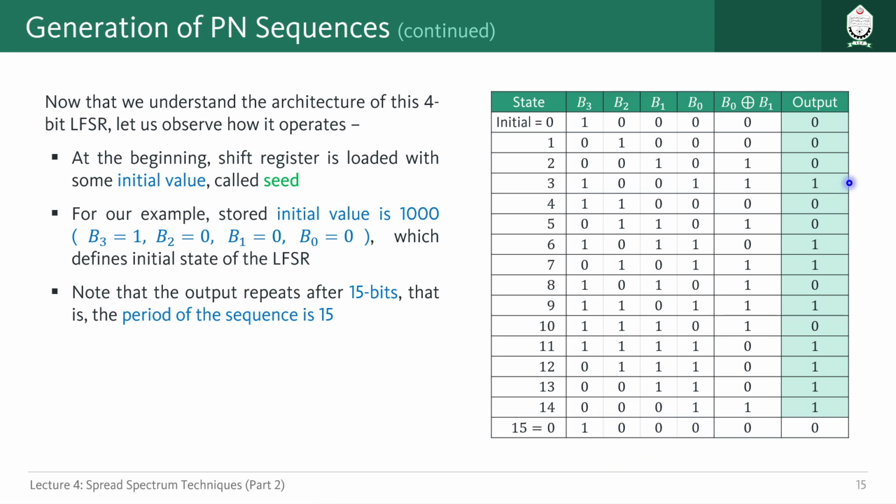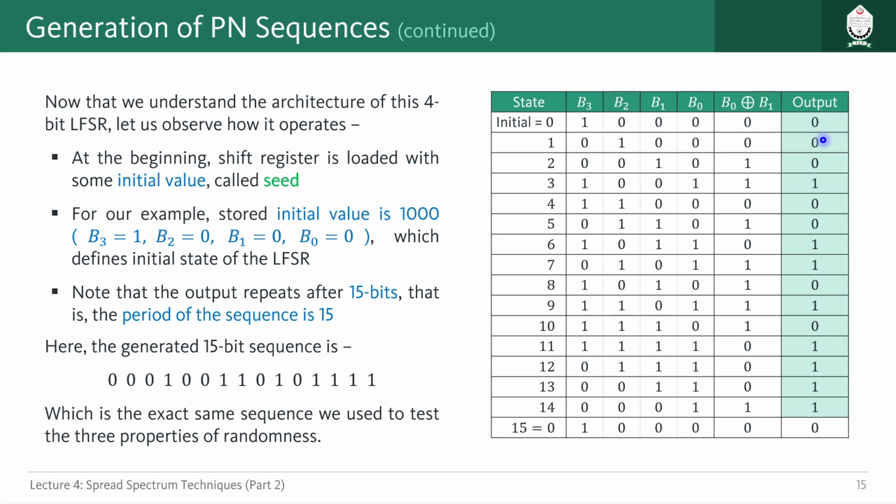That means we should stop here at state 14. So starting from 0 up to 14, we have a 15-bit sequence. So the length of our PN sequence is 15, or we can say the period of our sequence is 15, and that sequence is this one. So 0 0 0 1 0, like this. So this is our sequence.